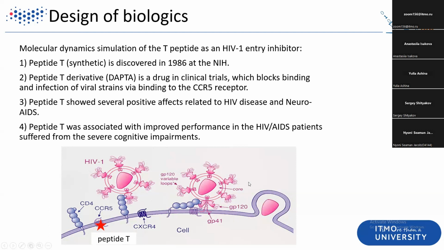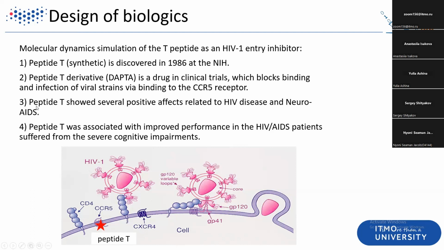And this mechanism could be reconstituted by using molecular dynamics simulation, using the T-peptide and some receptors like CCR5, or some other compounds like cyclodextrin, if you would like to increase the solubility of this peptide.